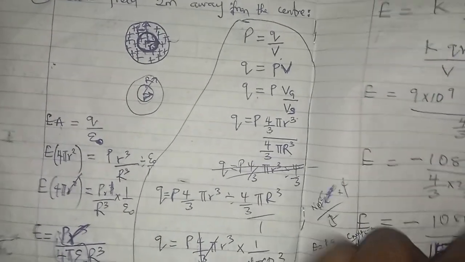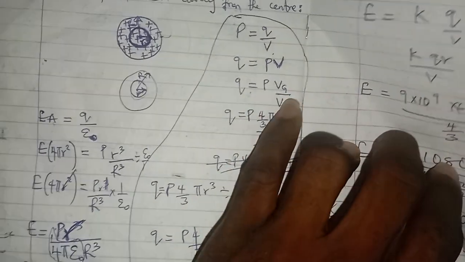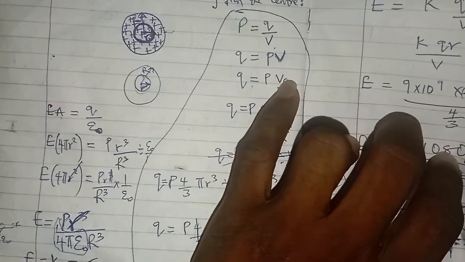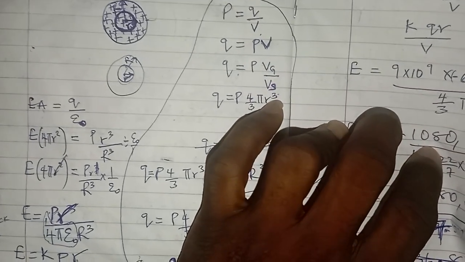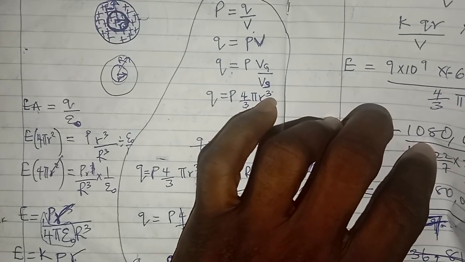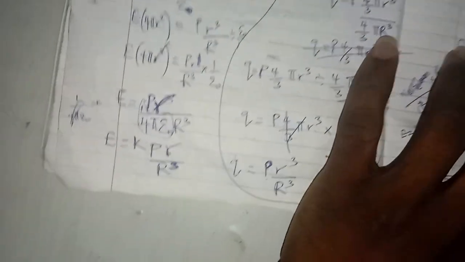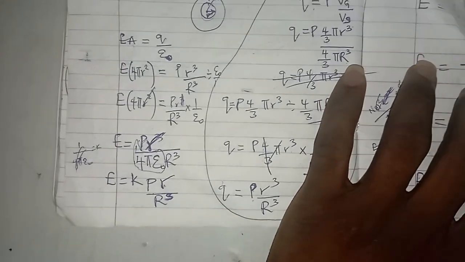The only thing that will change is you need to know that that of the Gaussian surface will always be up, and that of the sphere will always be down. So at the end of the day, you now have this like KPR all over R cube.